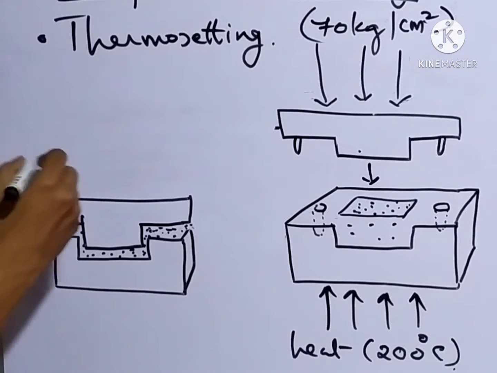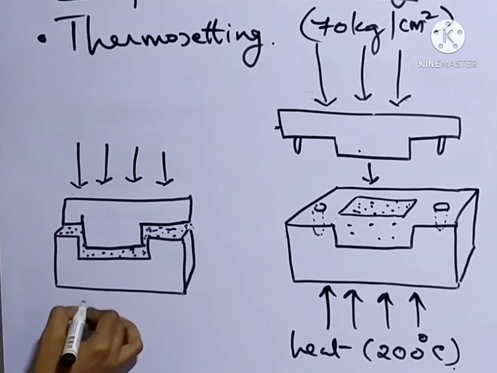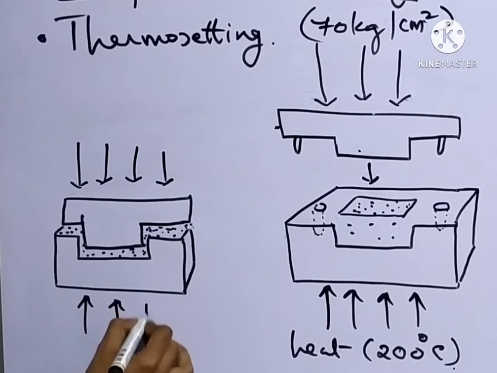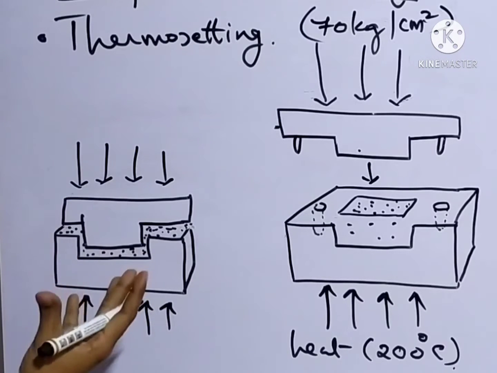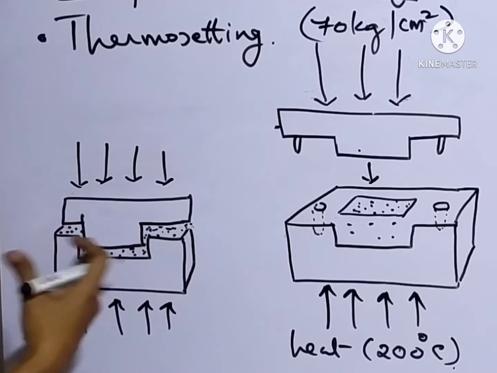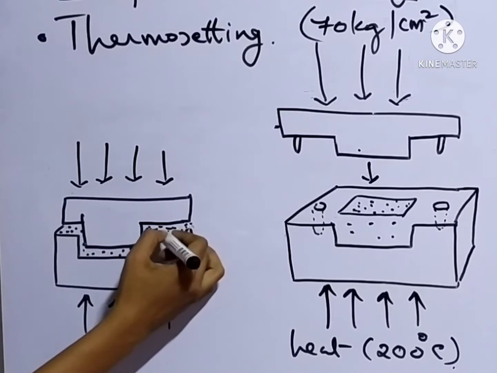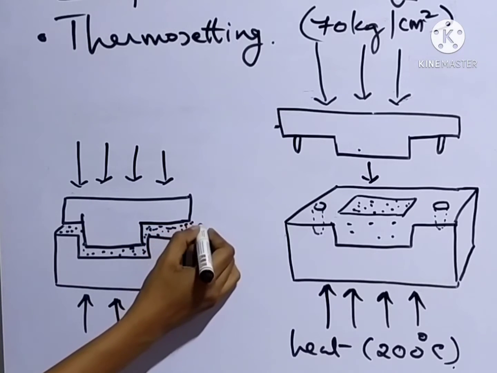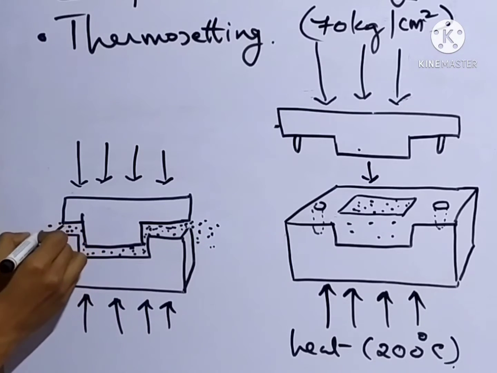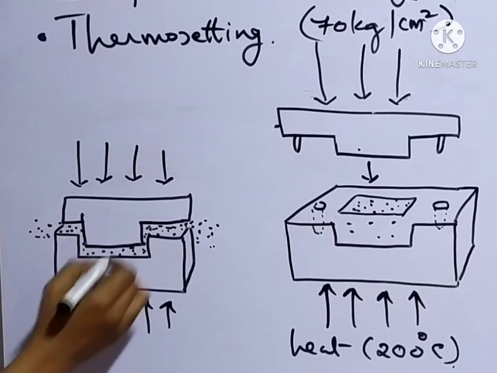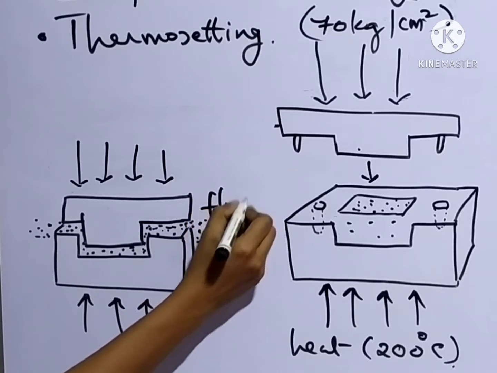So during the molding process, when we apply high pressure and temperature, the material becomes hard and it obtains the shape of the cavity, and at the same time the excess material flows out of the mold as a thin layer, and this thin layer is called flash.